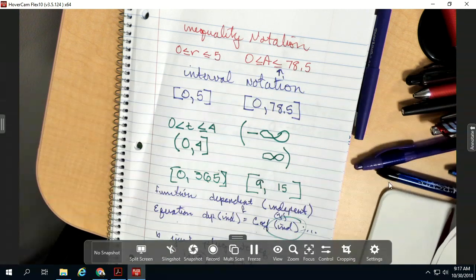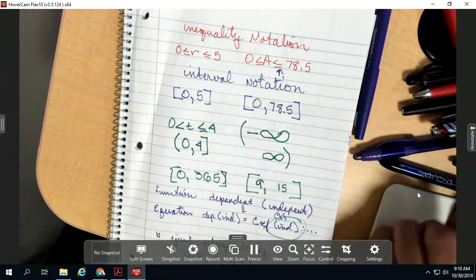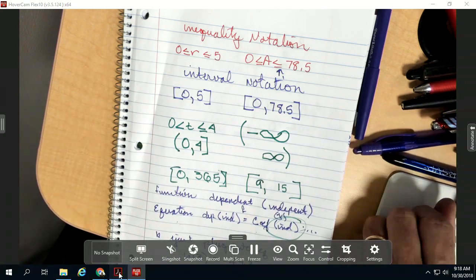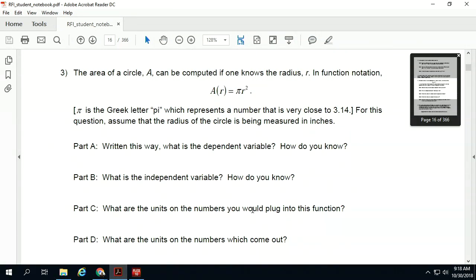So, for part C, what are the units that you would plug in for radius? 3C, what are the units?